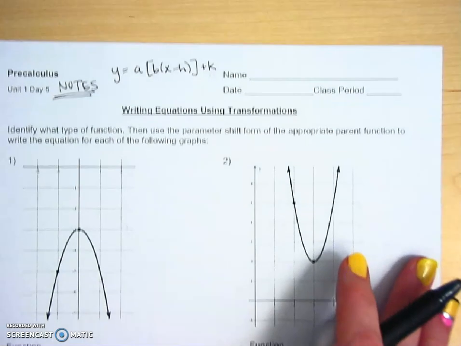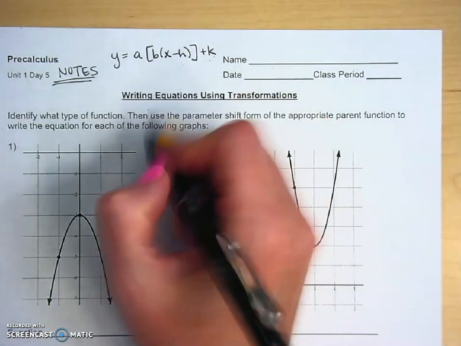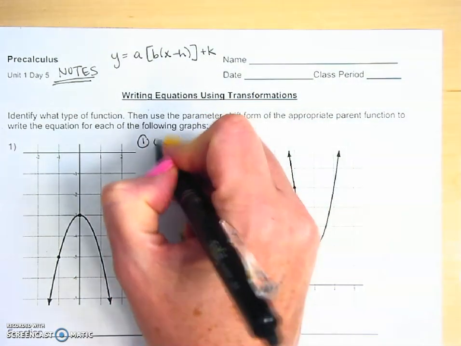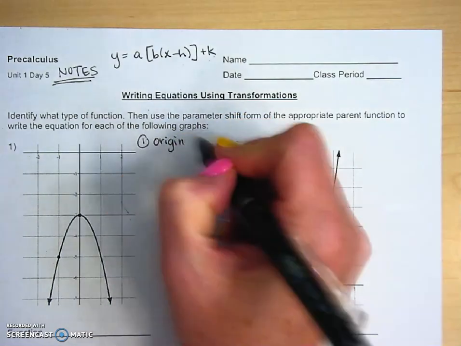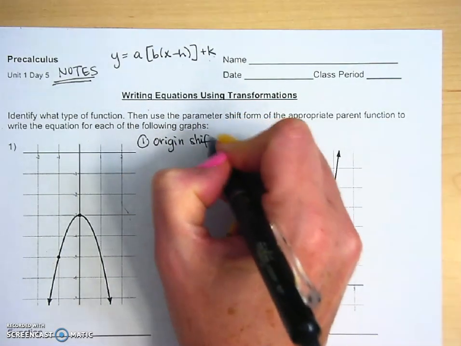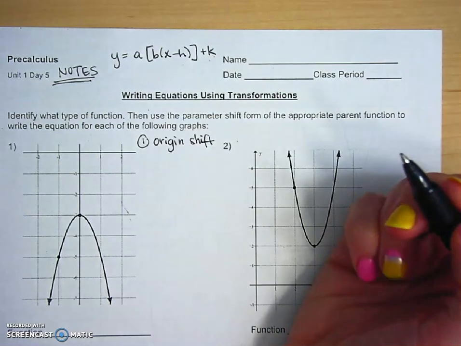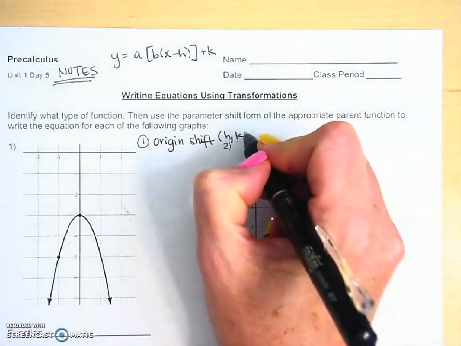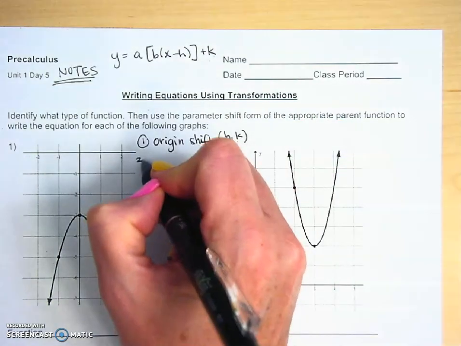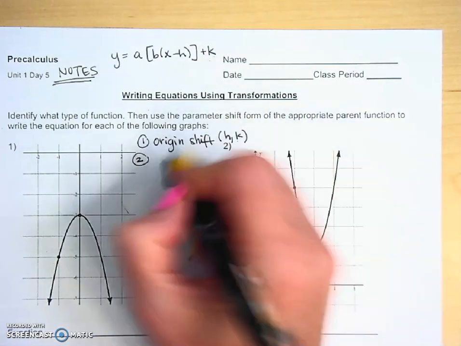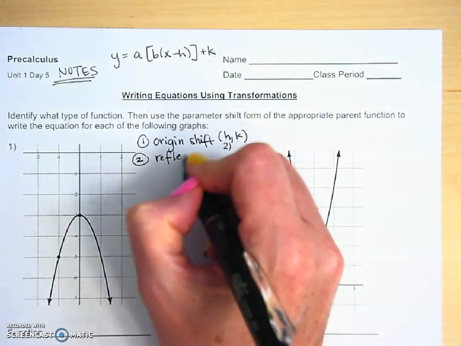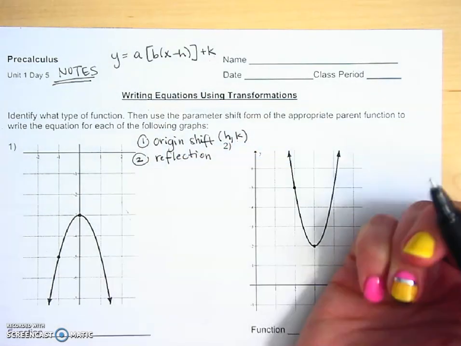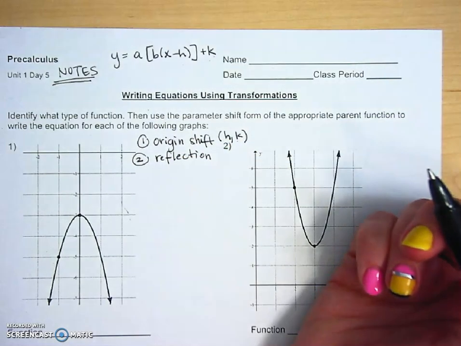The steps that I like to do this in are that I'm checking for the origin shift first. Did the origin of the original function shift left or right? That's going to give me my H and K. The next thing I do is check for any reflection over the axes. That'll let me know if my A or B values are negative.